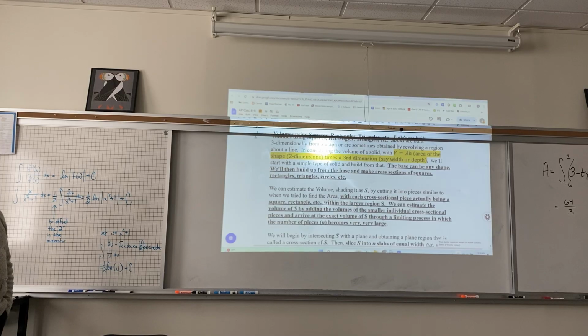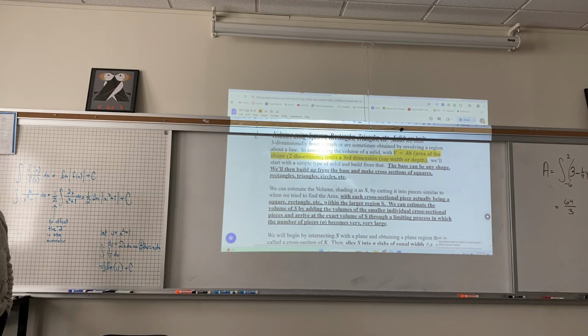We'll shade it by S by cutting it into a lot of pieces, similar to when we did area and when we did integrals, with each cross-sectional piece actually being whatever I'm saying is coming out at you. A square, a rectangle, triangle, semicircle, circle, whatever. Within that region S that's on the paper, on the graph.